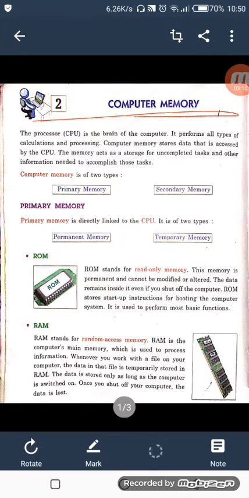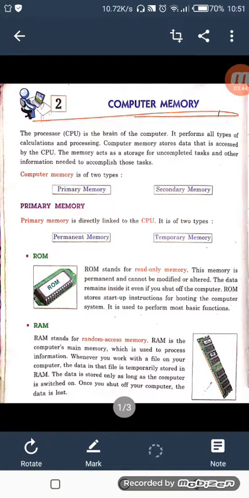ROM stores startup instructions for booting the computer system, all the instructions whenever we start. A few examples are electronic devices like smartphones, tablets, TV, AC, and SIM cards. The data is stored permanently on these devices.